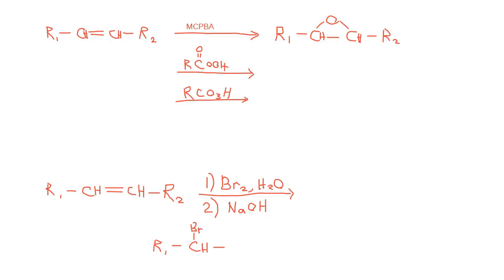The bromine is going to add to the less highly substituted carbon, whatever that is, and the hydroxy group, the OH, is going to add to the more highly substituted carbon, based on the mechanism from the halohydrin reaction. But essentially, the hydrogen on the OH is going to get ripped off by the NaOH, and that's going to end up giving you an O minus down here.